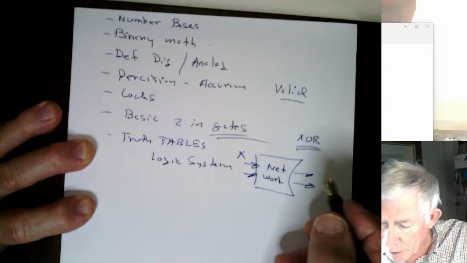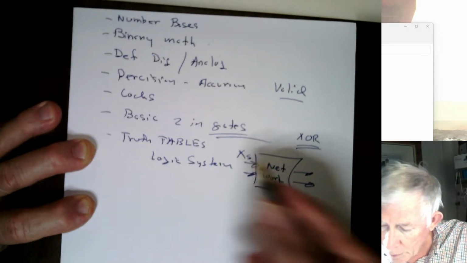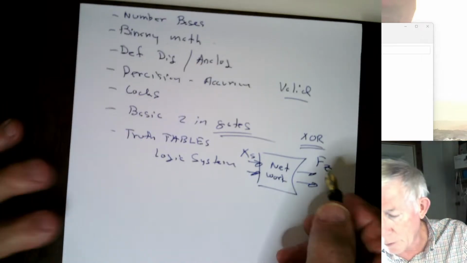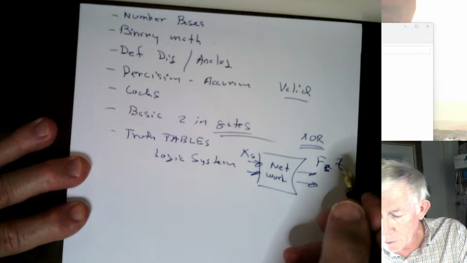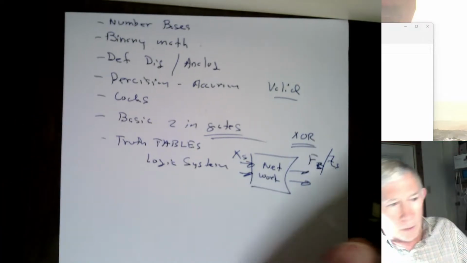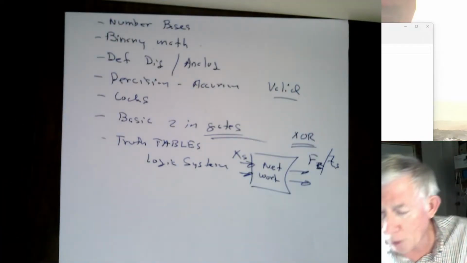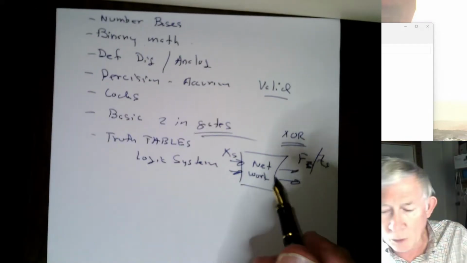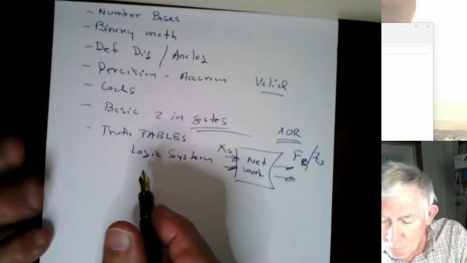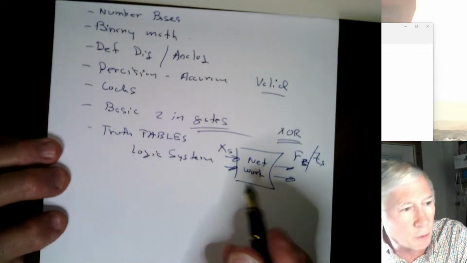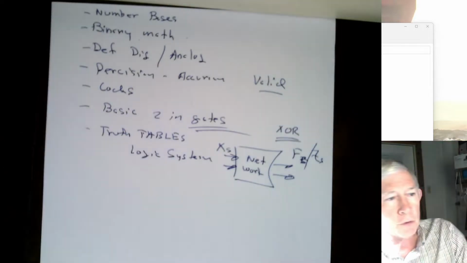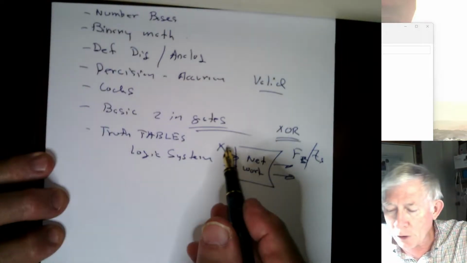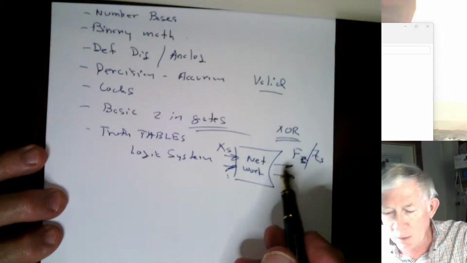We usually call these X's, and we call these F's or maybe Z's. The nomenclature is arbitrary, but I'm going to use that throughout the course so you know what to expect. So remember, truth tables basically define for some number of inputs what the expected output is.